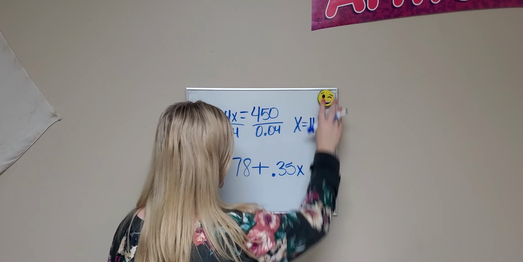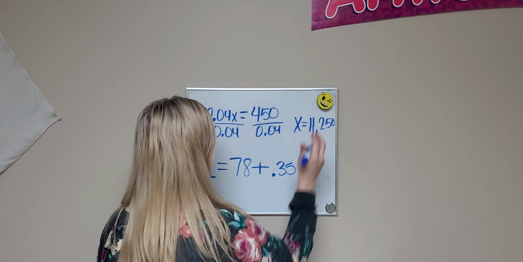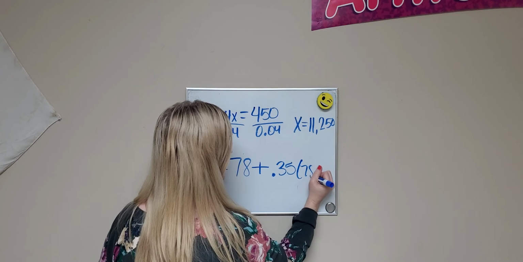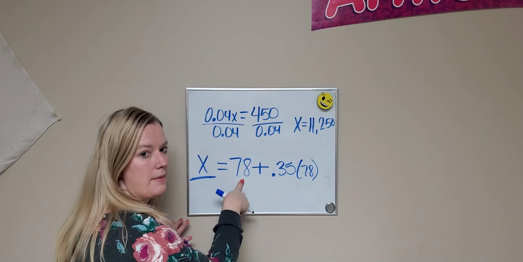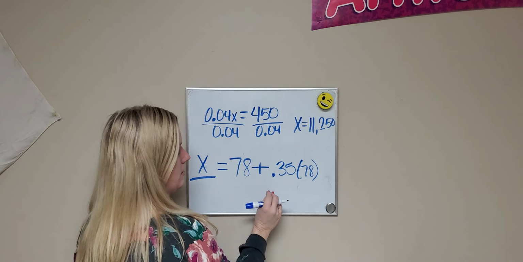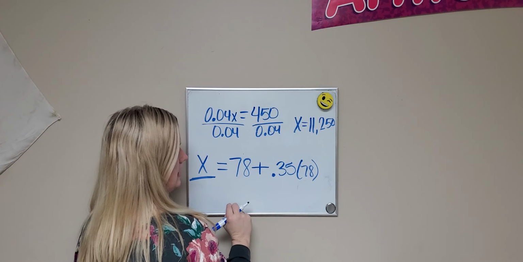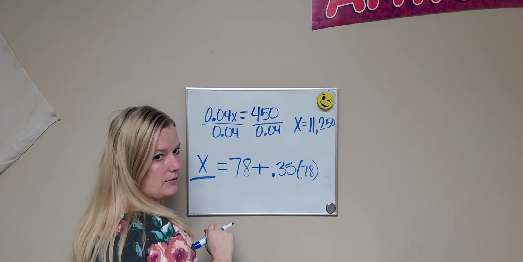Oh, not X, sorry. I know what X is. X is 78 plus 35% of the total cost that I paid, so I'm going to add those two numbers together, 78 plus that, and that's going to give me how much I sell it for.